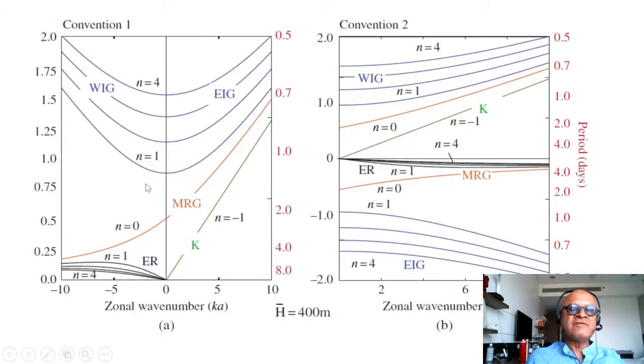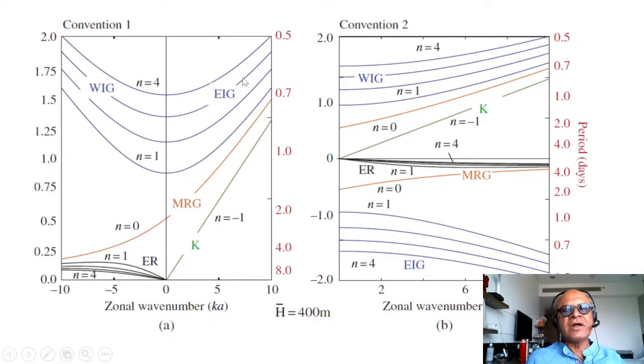And then you have these family of westward propagating inertial gravity waves and eastward propagating inertial gravity waves, and you can see that there is a huge frequency gap here, and the question is what kind of forcing is required to generate these versus these, and we'll see that mixed Rossby gravity waves and Kelvin waves have some special features which allows them to respond in this gap.